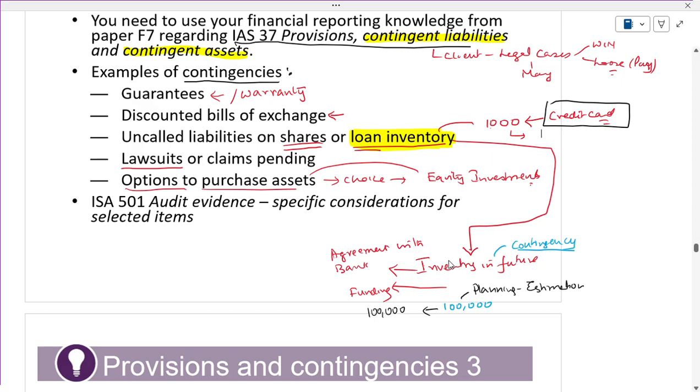Any understanding with the bank that they have any loan inventory means if in future they are going to purchase inventory, future means next 12 months. If we are going to have any future requirements, is there any financial support available from any lender? That we have to take into consideration.